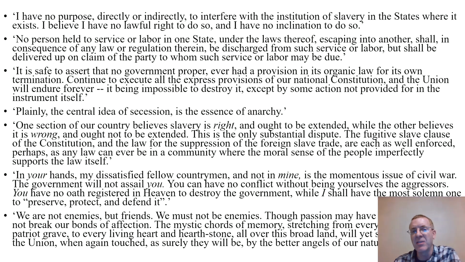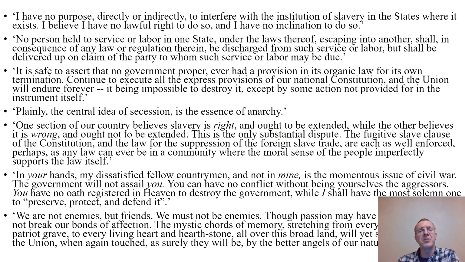So here he is saying that North and South disagree vehemently over the issue of slavery, but he is saying that we uphold the fugitive slave law. We uphold the outlawing of the transatlantic slave trade, which has been illegal in the United States since 1808.